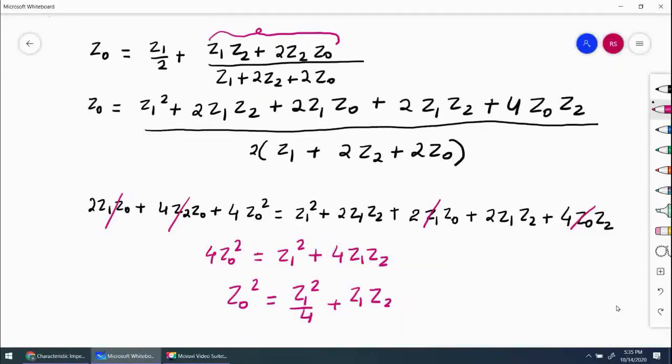So the characteristic impedance of a symmetrical T network, that is Z0T, is equal to the square root of Z1 square by 4 plus Z1 into Z2. This is the characteristic impedance of a symmetrical T section, which is given by Z0T.